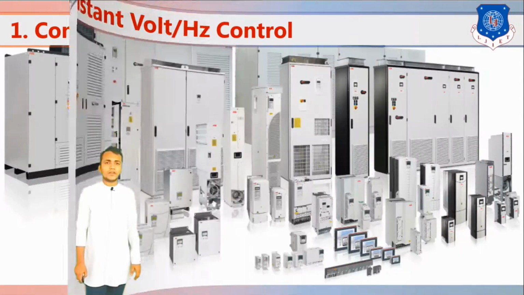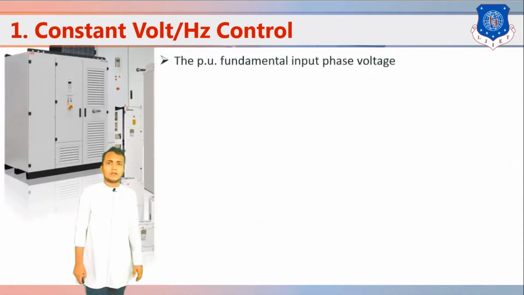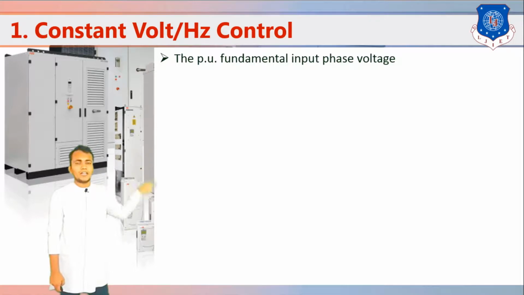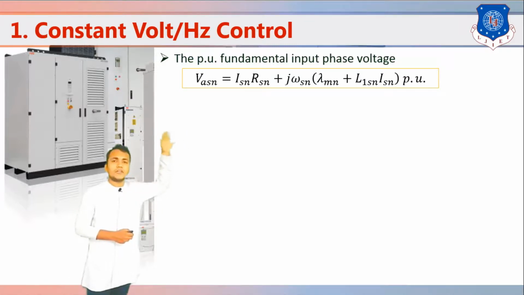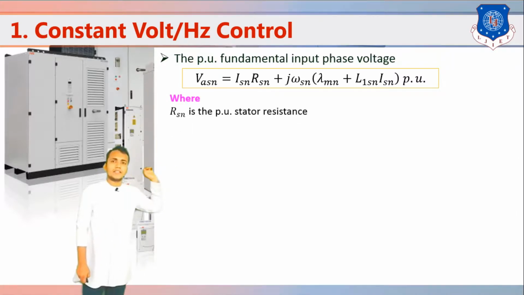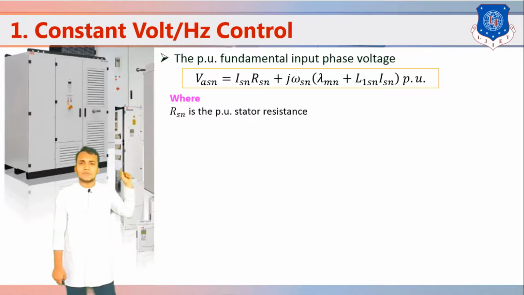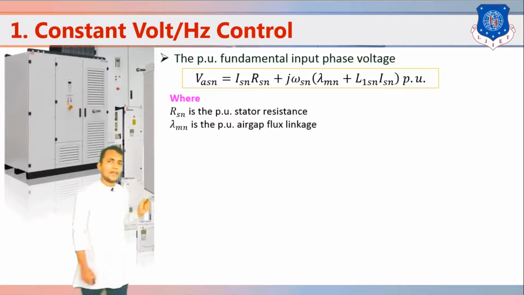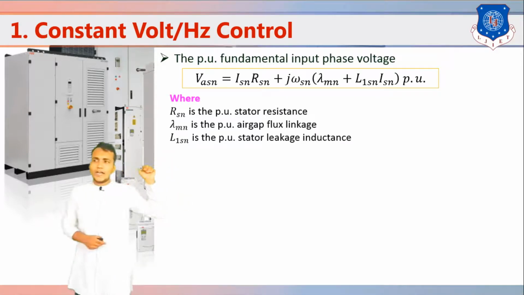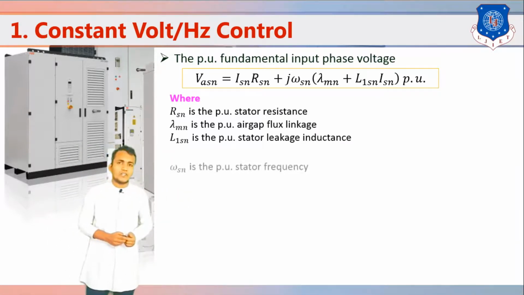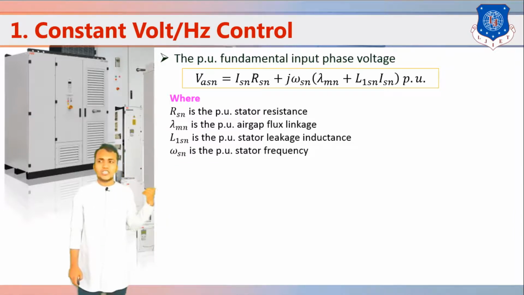Now from this equation, if we have to explain, then the per unit fundamental input phase voltage, that is VASN, is equal to ISN into Rsn plus J omega Sn in the bracket lambda Mn plus L1Sn into ISN, in per unit system, where Rsn is the per unit stator resistance, lambda Mn is the per unit air gap flux linkage, L1Sn is the per unit stator leakage inductance, and omega Sn is the per unit stator frequency.